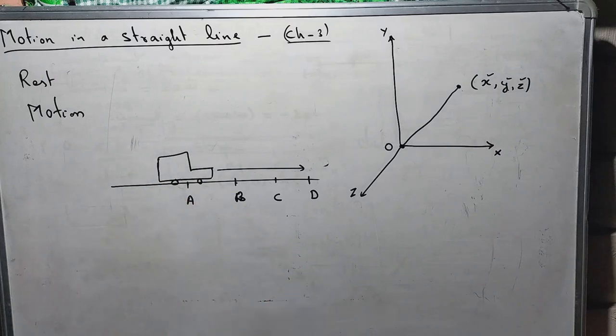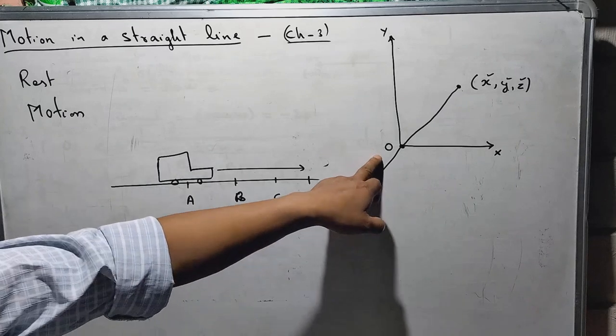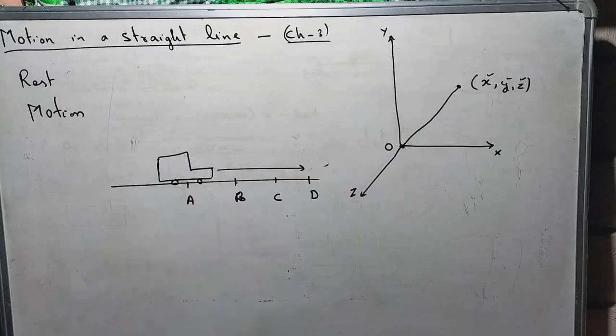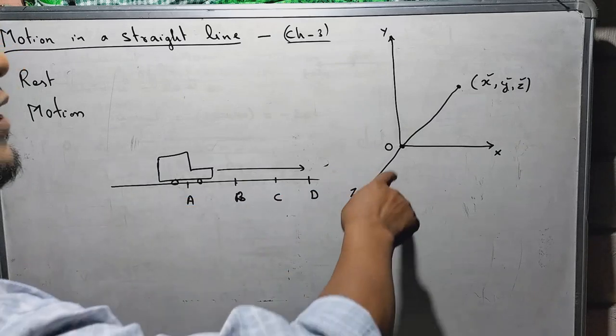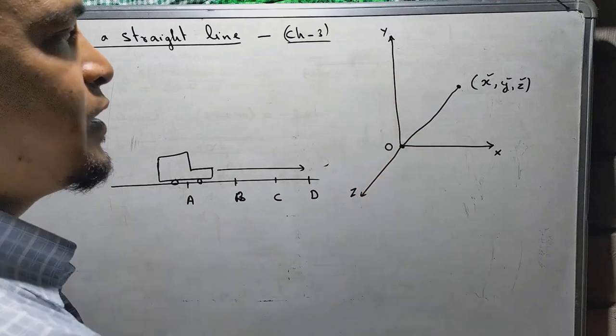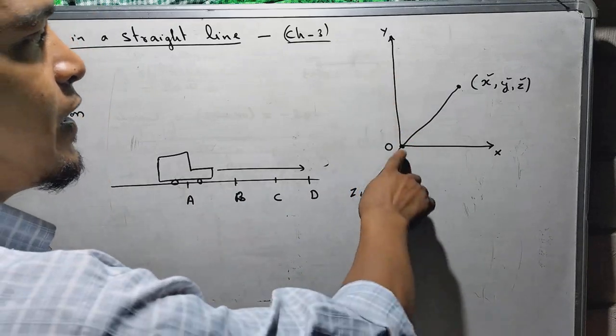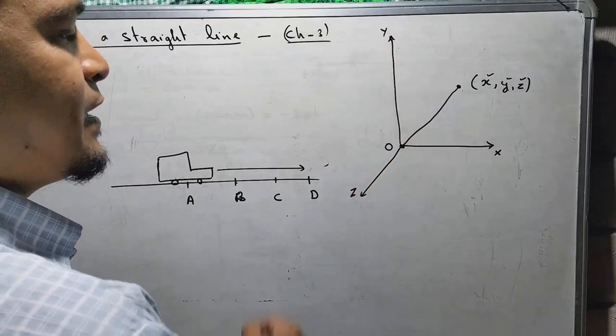But to specify the motion of a body, we require a coordinate system as well as a reference point. For convenience, we choose the coordinate system as three mutually perpendicular axes like x, y, and z.